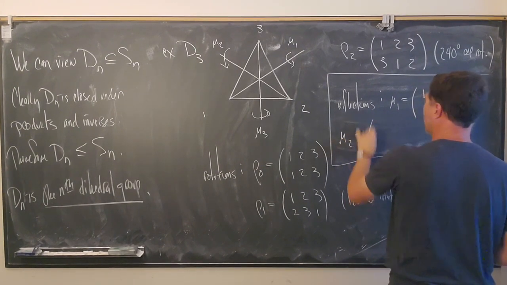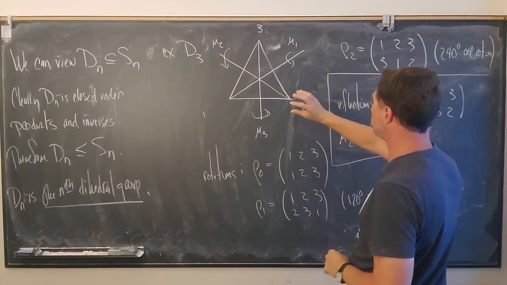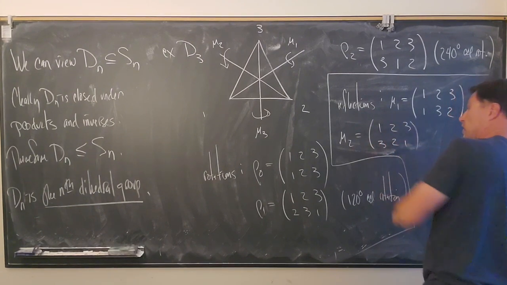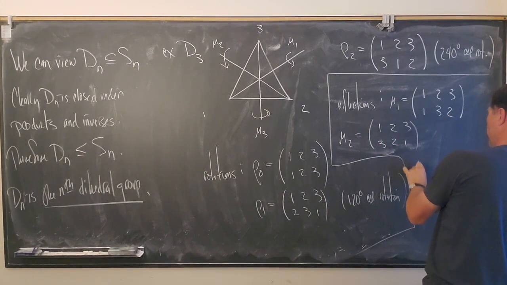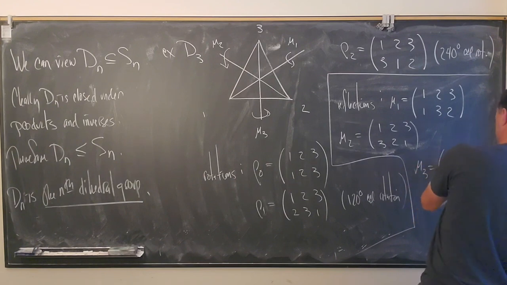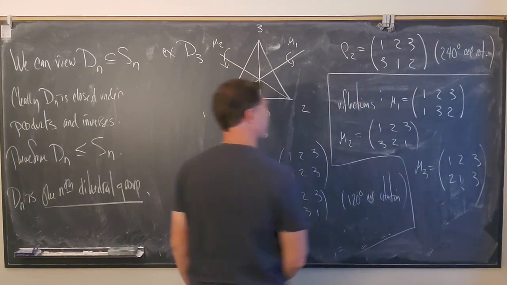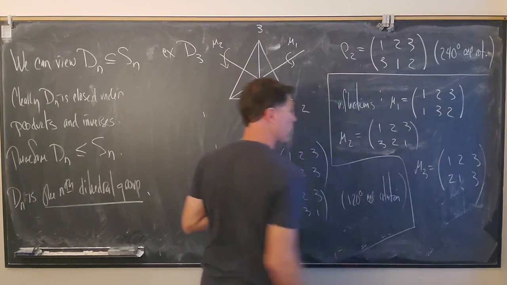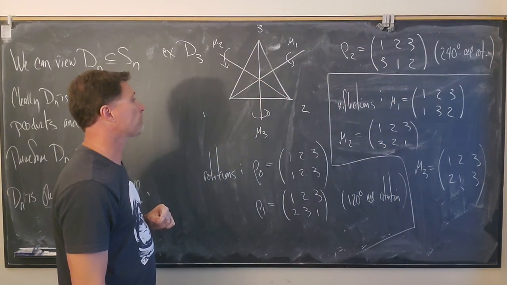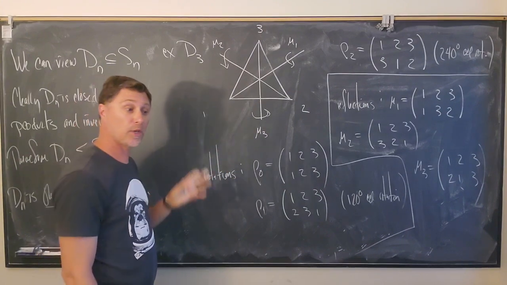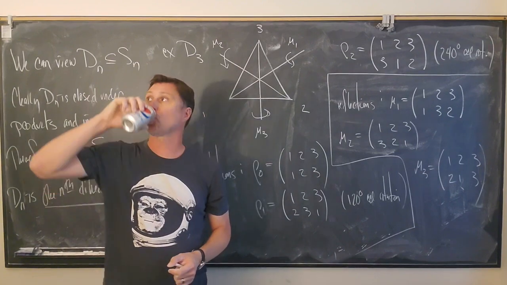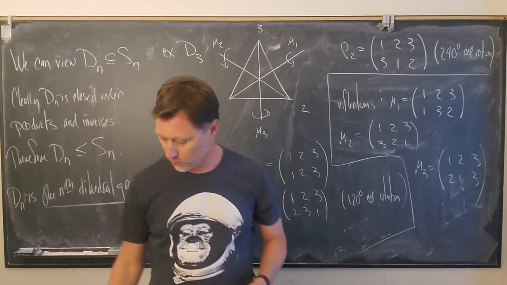Mu2 leaves 2 fixed and interchanges 1 and 3. And then mu3 sends 1, 2, 3 to 2, 1, 3. So I've written down in order my 3 rotations, then my 3 reflections, for a total of 6 elements, which is exactly what we knew. D_3 has 2 times 3, which equals 6 elements.